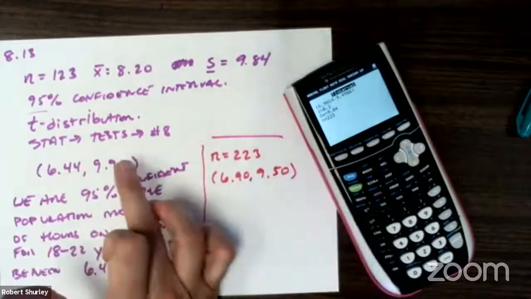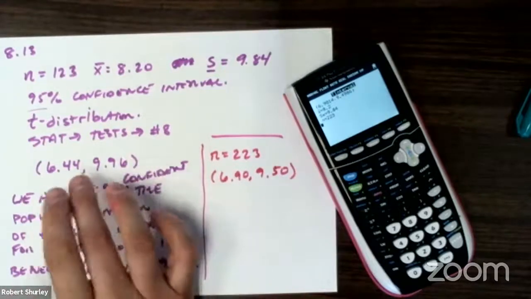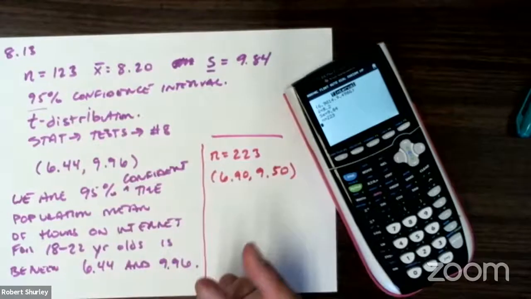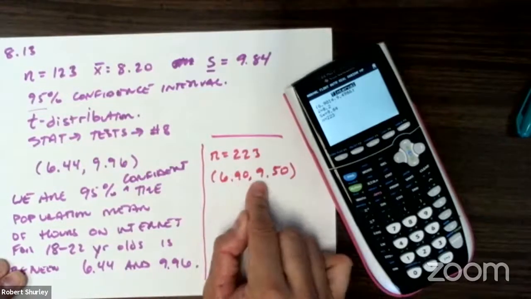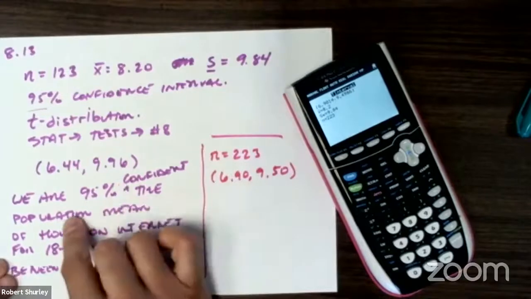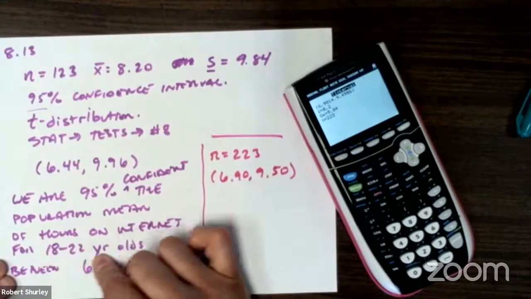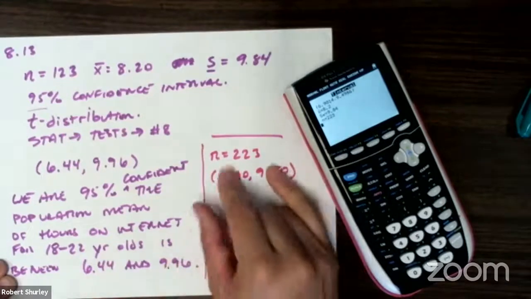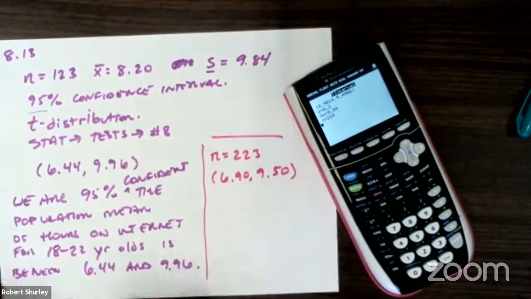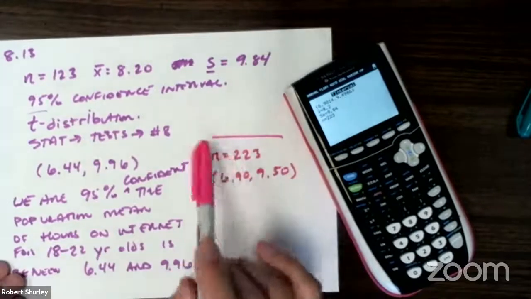You're about half an hour down from 9.96 and a half hour up from 6.44. So it's closer. Because we sampled more, we have a tighter width. So we're still 95% confident the population mean of hours on the internet for 18 to 22-year-olds is between, but instead of 6.44 to 9.96, it'd be 6.90 to 9.50 because we sampled more.